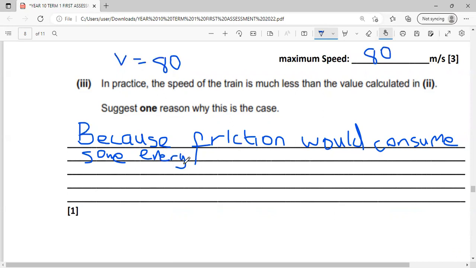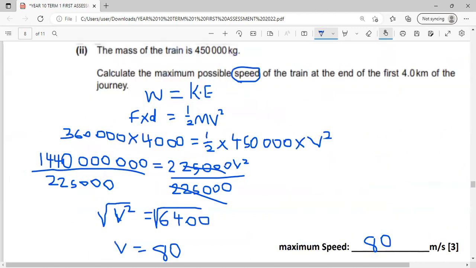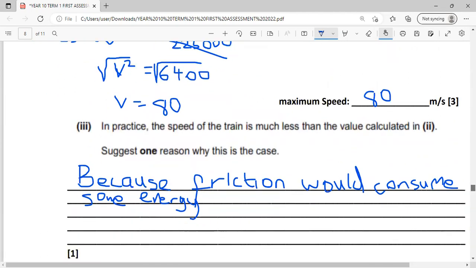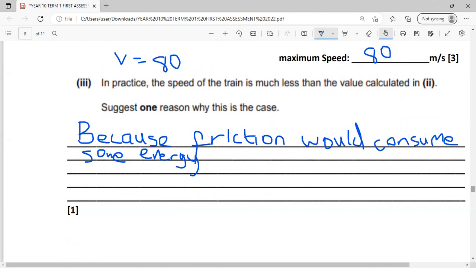And that's it. Yes, friction opposes motion. The frictional force between the tires of the train and the railway line would cause some energy to be wasted during the motion. So this is all we can take right now.